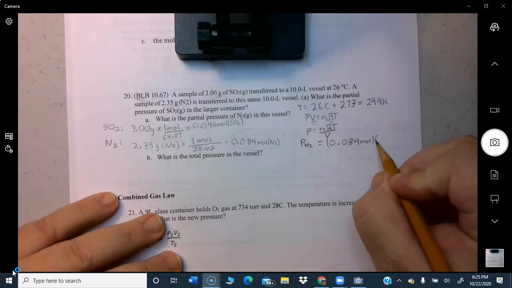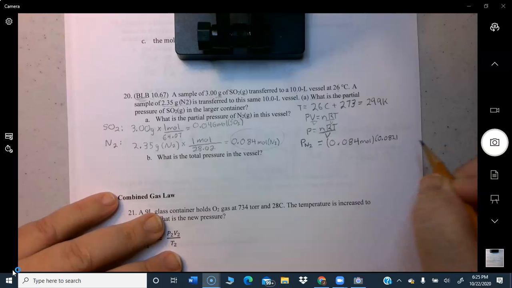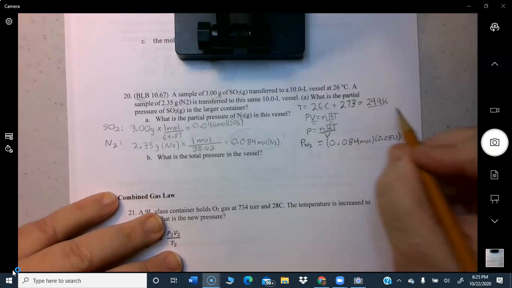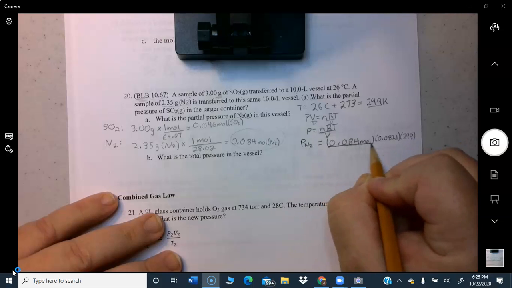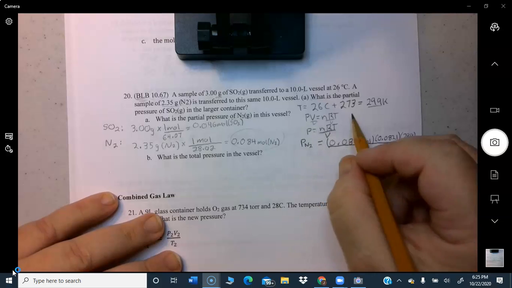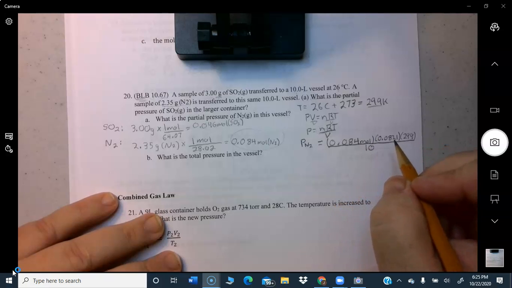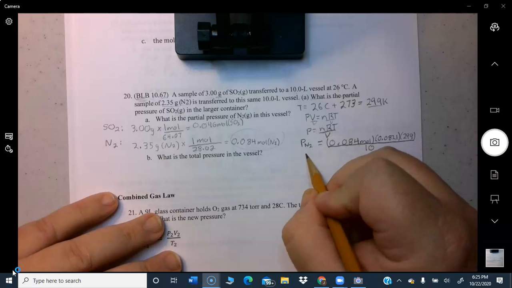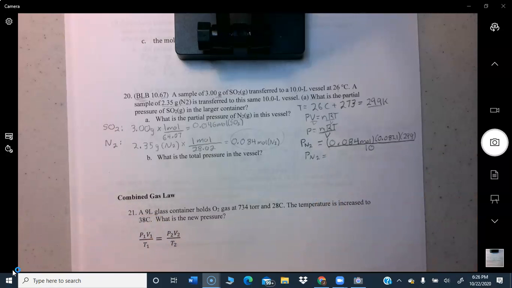So I'm just going to cheat a little and not write the units here. It's 0.821, and times the temperature we got up here is 299. And that's all going to be over the volume, and that's going to be 10 liters. So that gives us the partial pressure of N2. It's just simply all of that, and it's going to come out in atmospheres because that's what R is calibrated in.